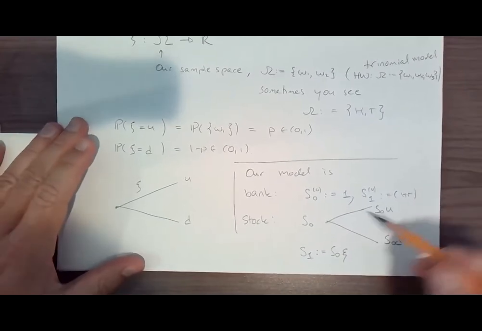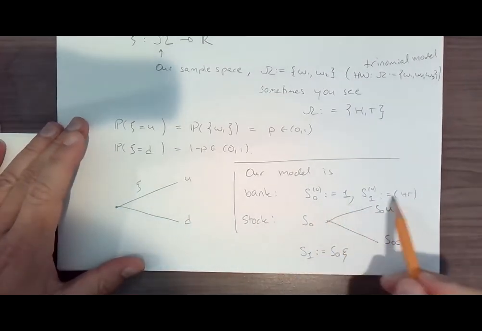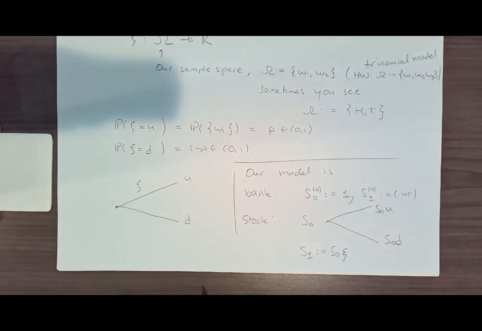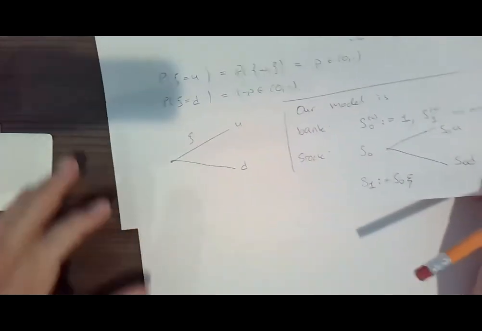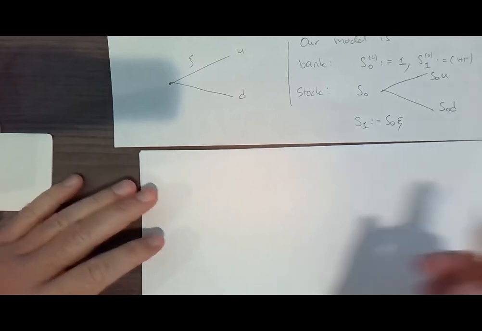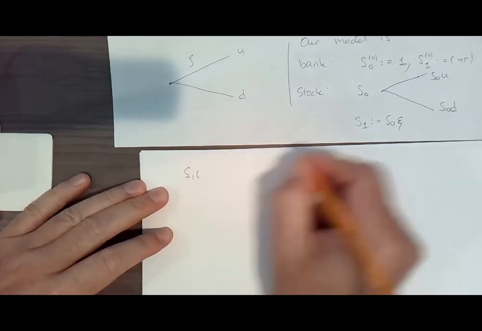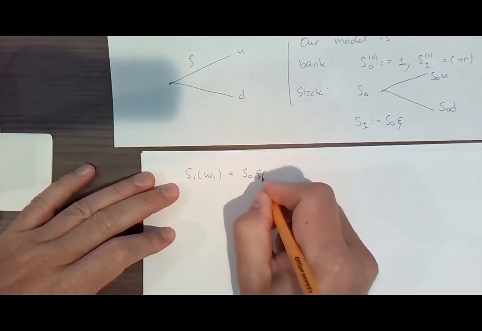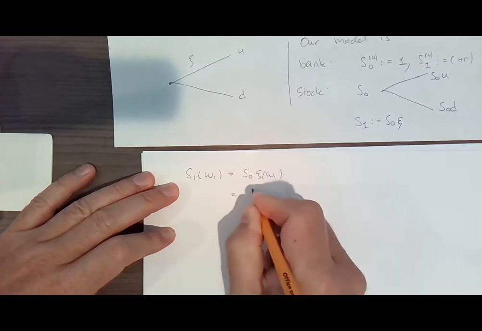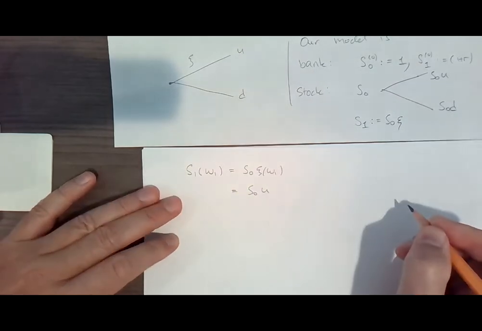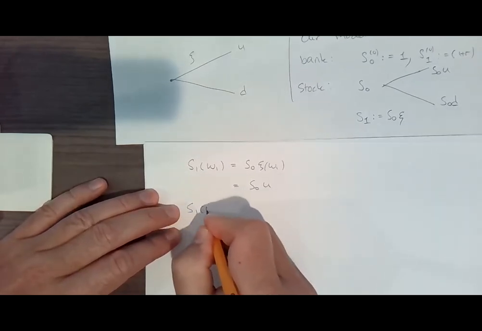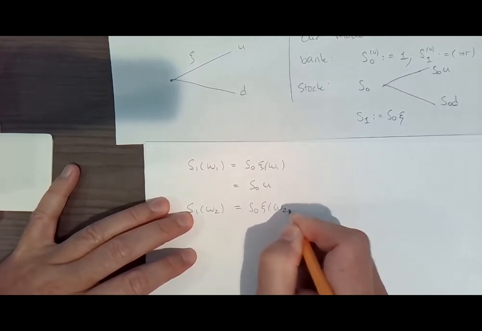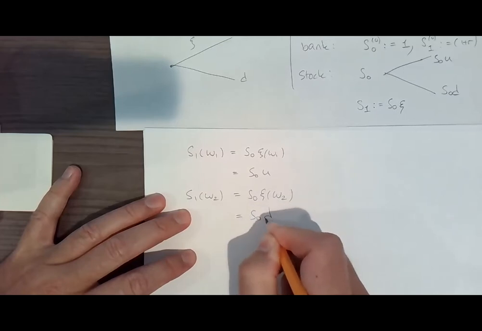There are two possibilities, and the bank account is different, it only has one. What we often write is S1 of omega 1 equals S0 psi of omega 1, which is S0 times u. And S1 of omega 2 equals S0 psi of omega 2, which is S0 times d.